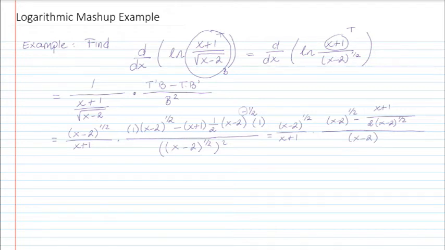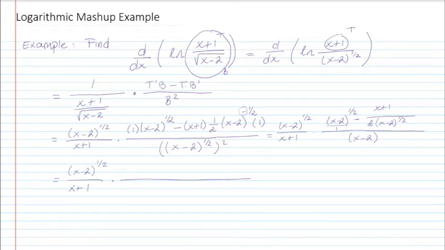Okay, almost. It doesn't look like it's cleaner, but it will be in a minute. So I have x minus 2 to the power of 1/2 divided by x plus 1 times, well, let's put these two on the common denominator. This is just over 1.